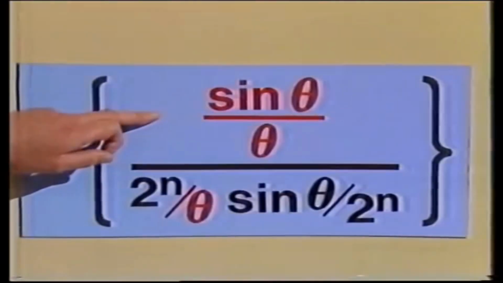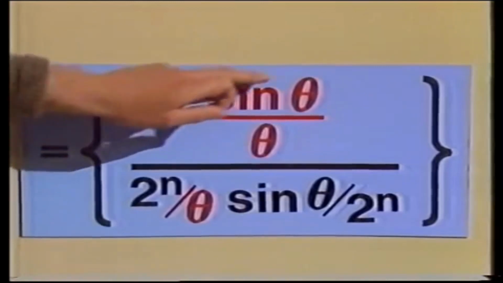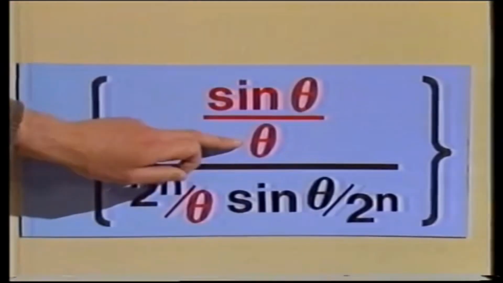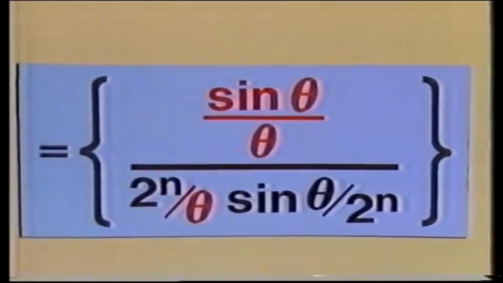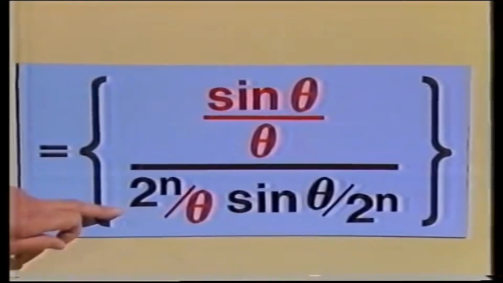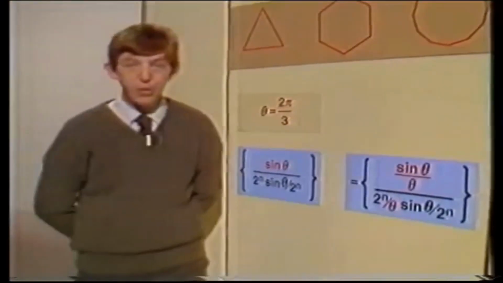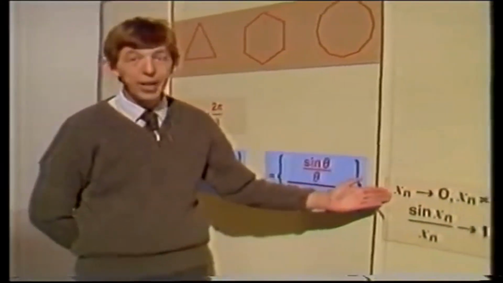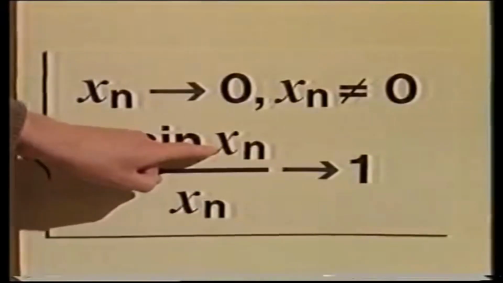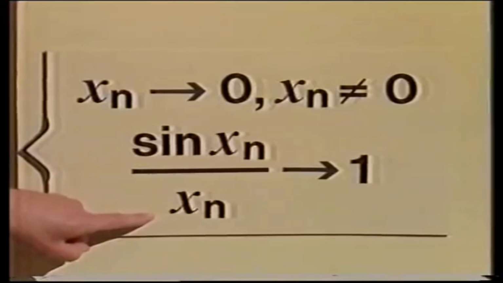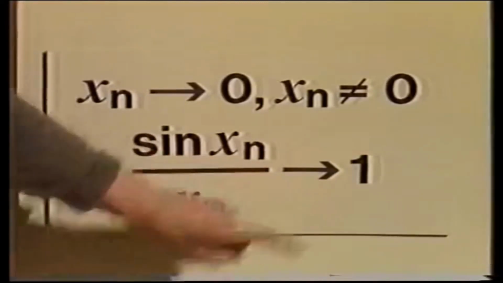The numerator is still a constant term, sine 2 pi by 3 divided by 2 pi by 3. And the denominator is now nearly in the form of a standard quotient, which is known to tend to 1 as n tends to infinity. It's an important result that, for a null sequence, xn, the sine of xn divided by xn tends to 1 as n tends to infinity.